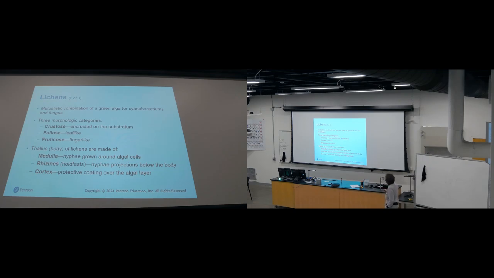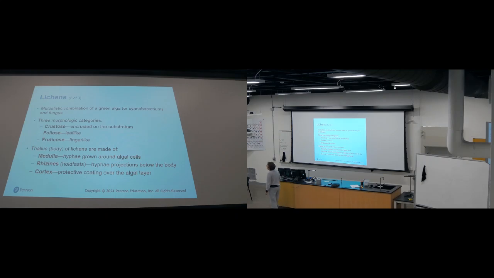So for lichens that live in the environment, we have three types of shapes. We have some that are called crustose that are encrusted on a substrate. And then we have some that look like leaves. These are foliose. And then some that look like fingers that are called fruticose.